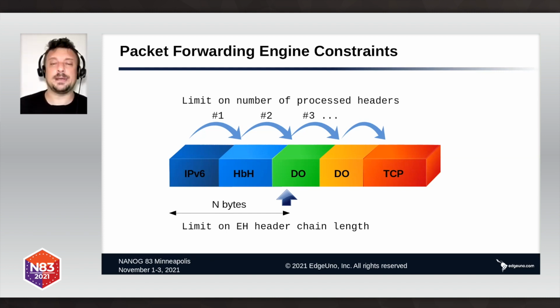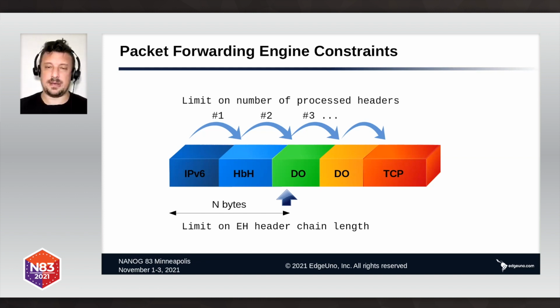But if you include, let's say, over 8 or over 16 extension headers, then the corresponding IPv6 packet will get dropped.